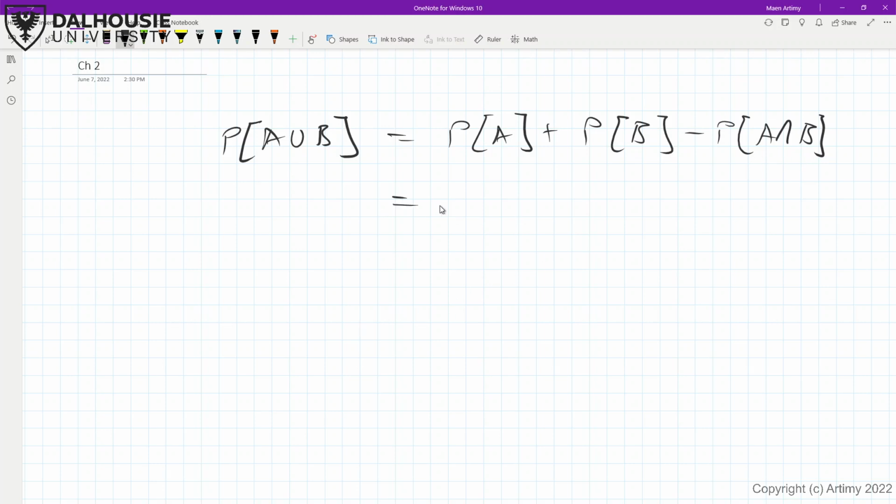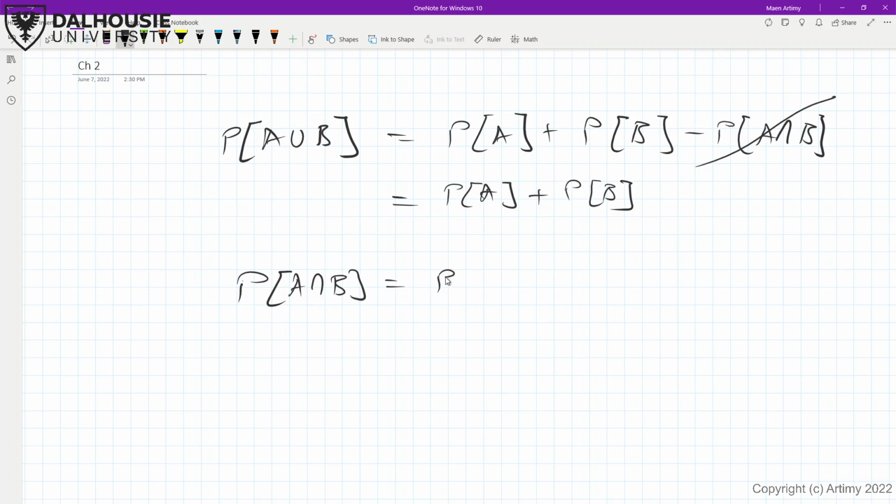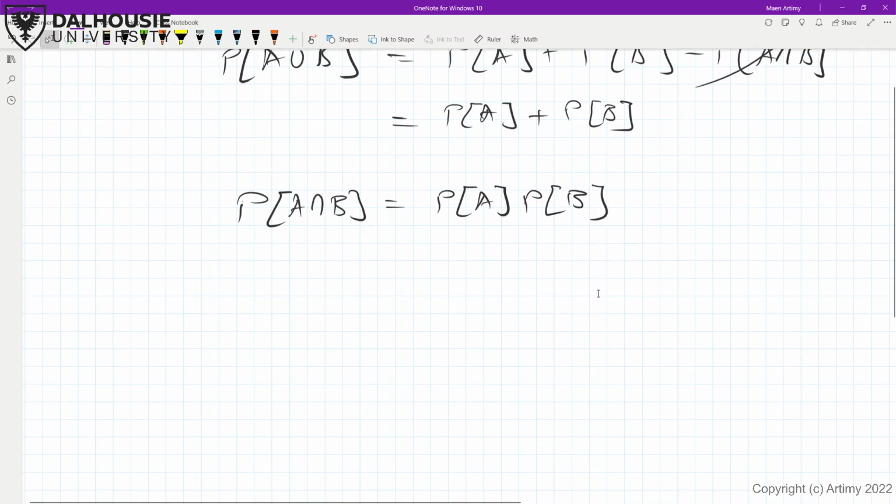If they are disjoint, we can simply ignore this because it's 0 and it's simply P(A) plus P(B). For intersections, if A and B are independent, we can multiply their probabilities. So we saw some of these basics, right? Keep these in mind.